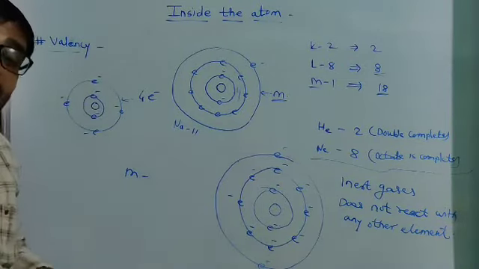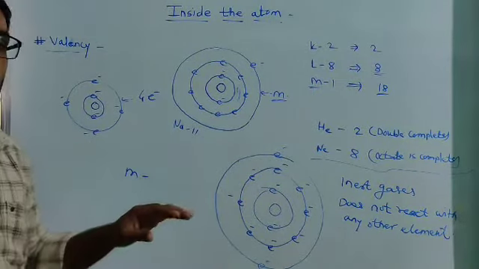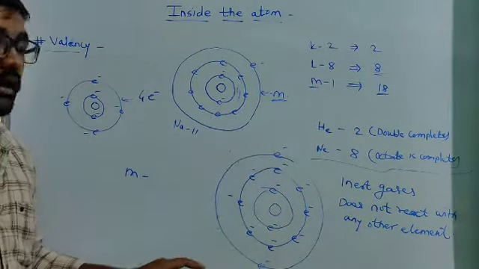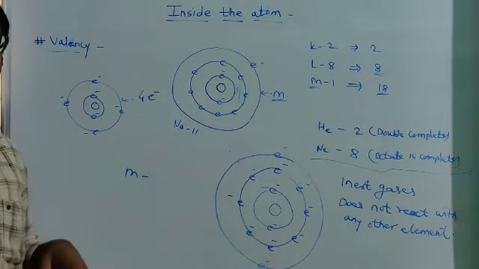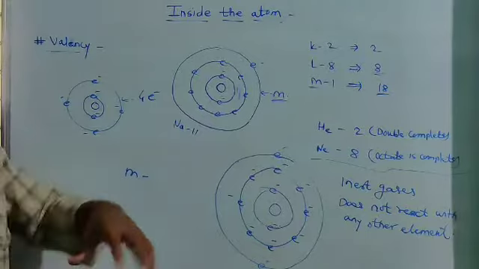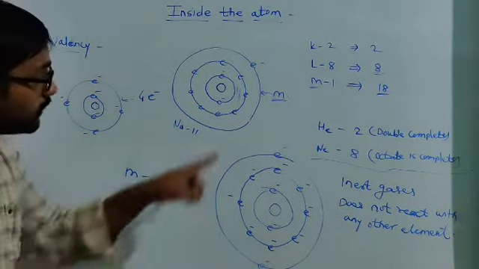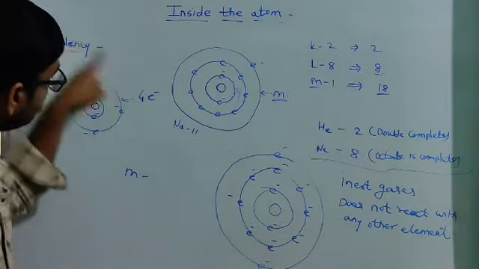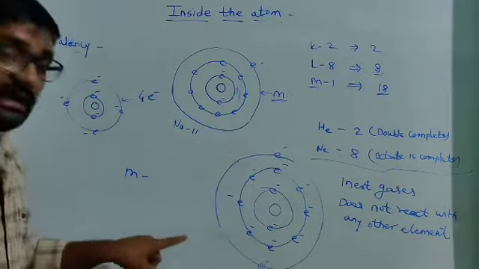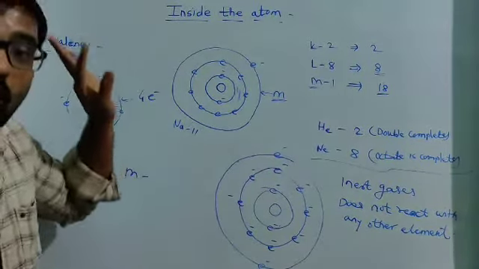And all other elements except these four, helium, neon, argon, krypton, react with other elements, because their outermost shell is not completely filled. They do not have a complete doublet or octet.